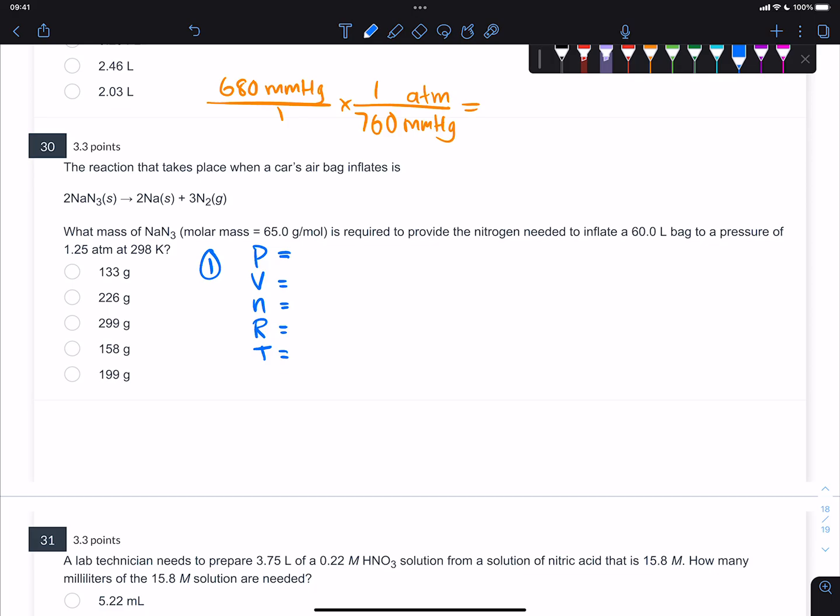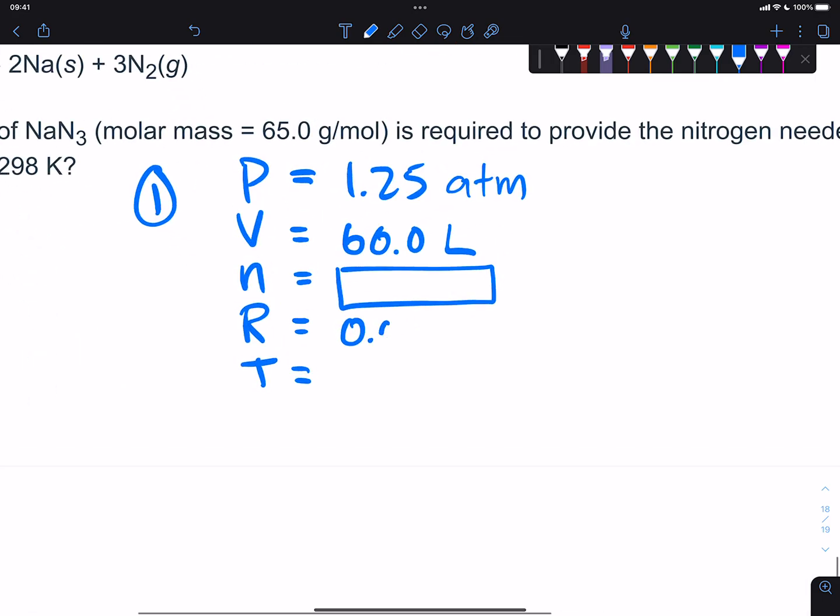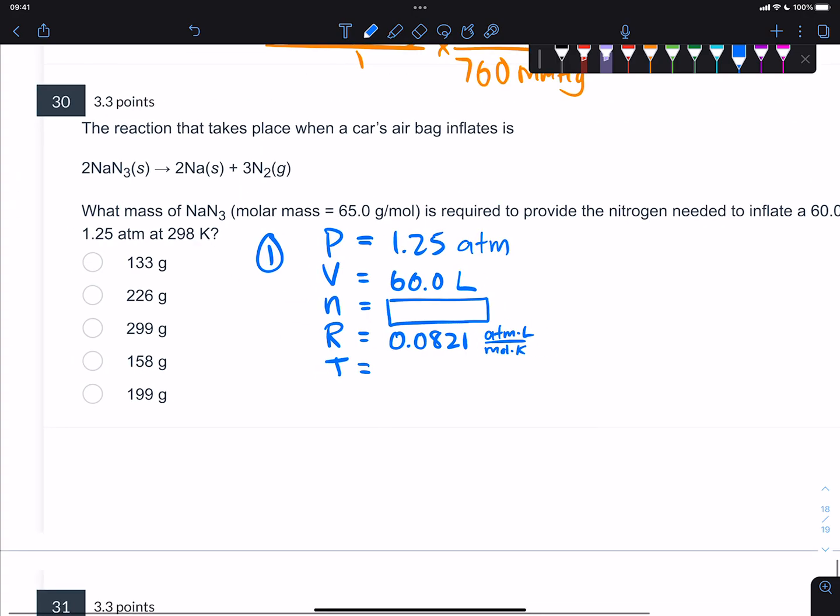We know the pressure needed is 1.25 atmospheres. The volume is going to be 60 liters. We don't know anything about the number of moles of gas. If we're sticking with atmospheres, that means we're going to use 0.0821 atmosphere liters per mole Kelvin. And temperature is going to be 298. So it's already in Kelvin. That's great.